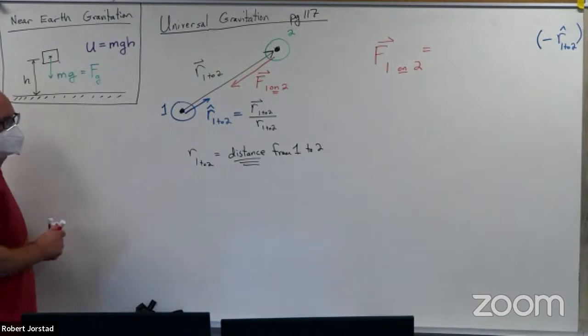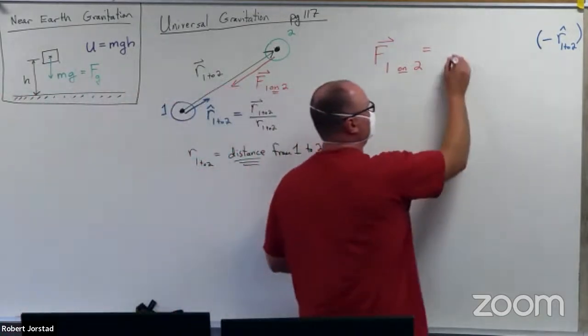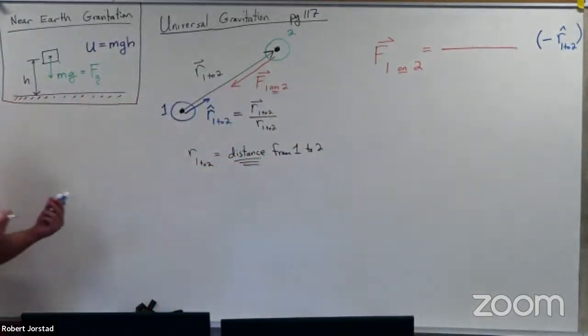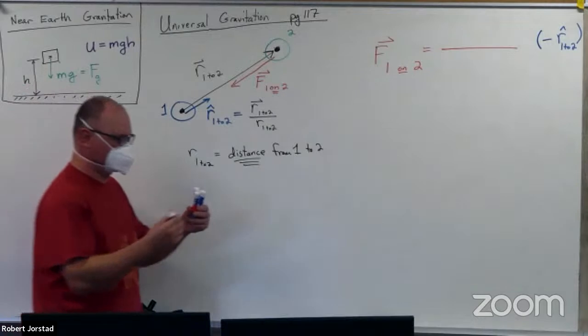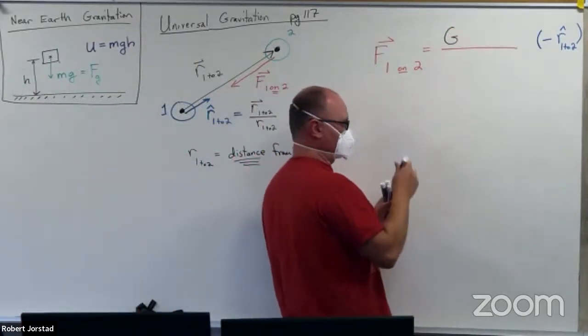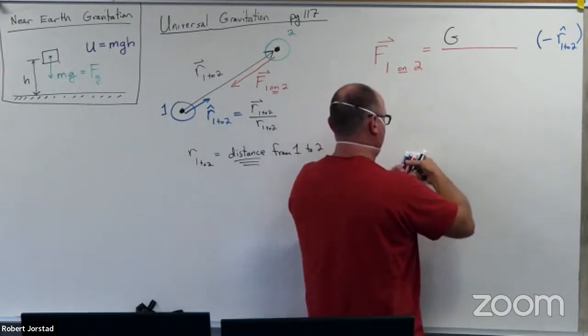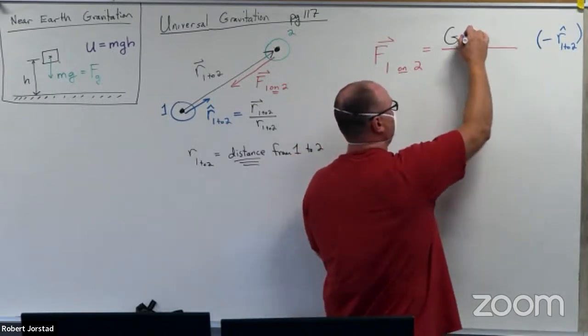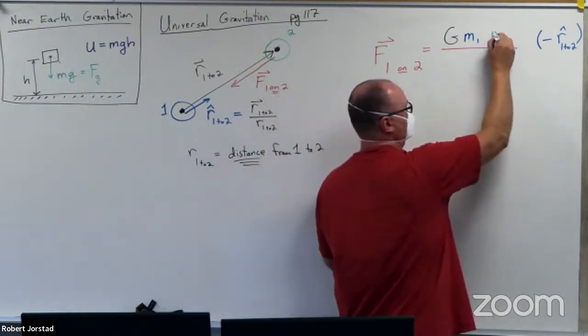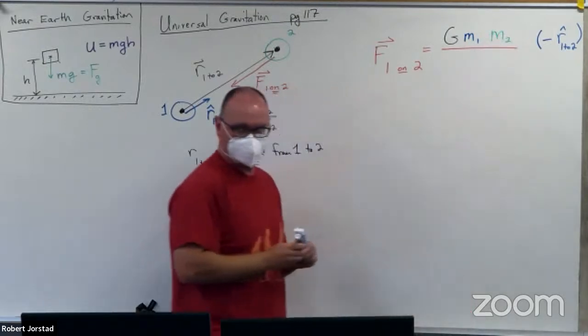Now, how do I get the magnitude of the force? You probably can expect the more mass you have, the more gravity you have. So that's going to be up top. We're going to have a constant, which is called big G. And then we're going to have mass 1. But it depends on the other mass too. So the bigger either mass is, the more force you get.